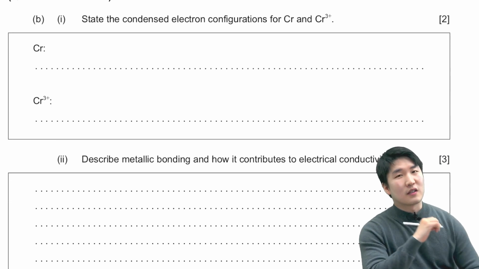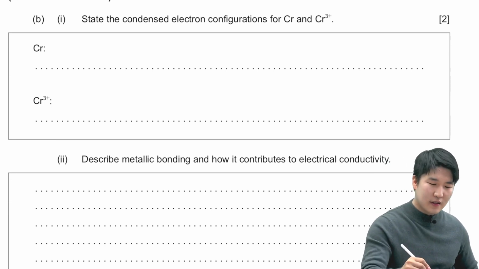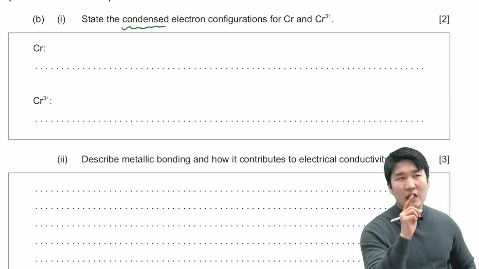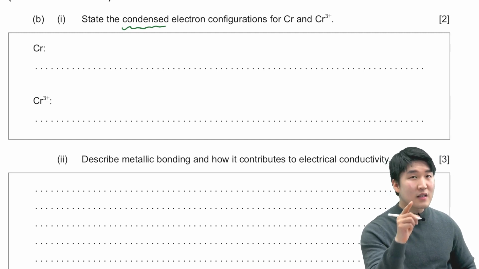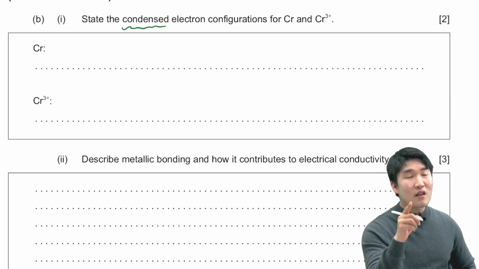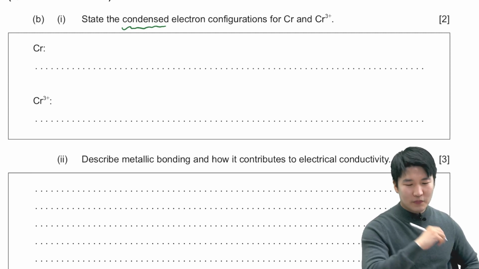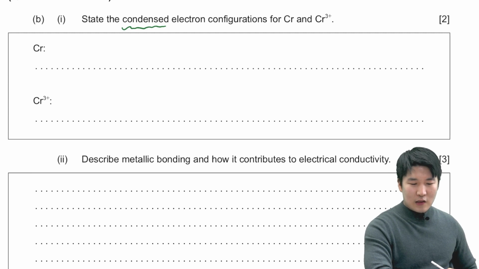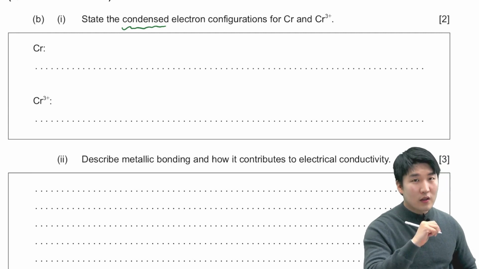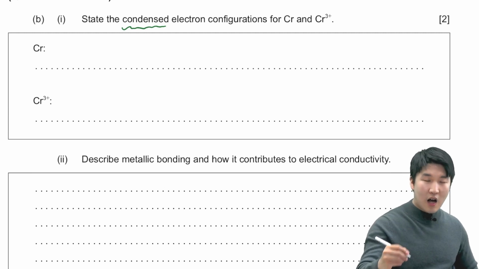Electron configuration, but condensed, which means we're going to skip the electron configuration of the first and second electron shells. Oh no, sorry, we're going to skip the third electron shell as well because we're dealing with transition metal, chromium. Chromium is in d block orbital, and it's the fourth transition metal after vanadium.